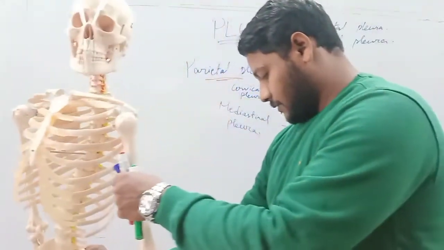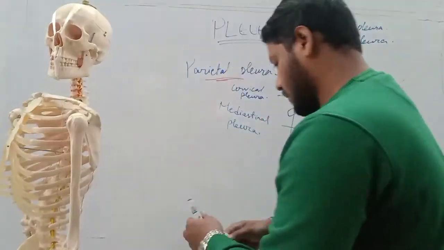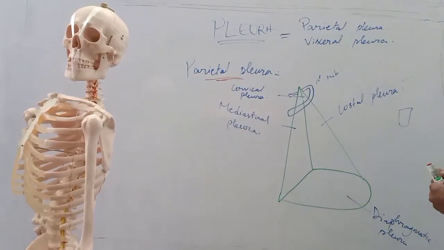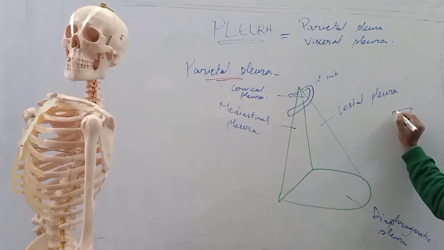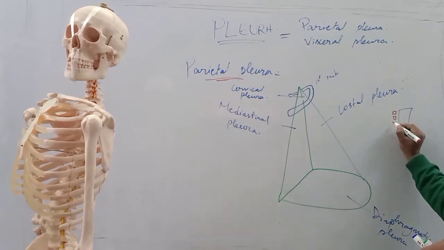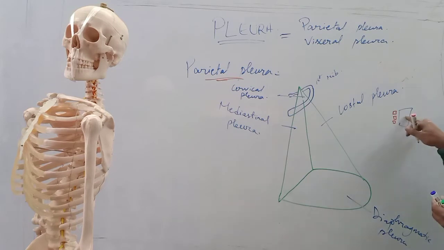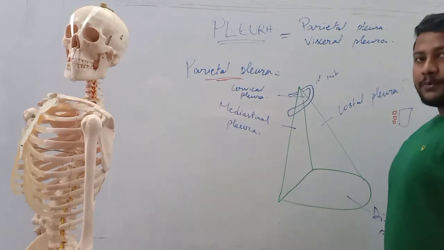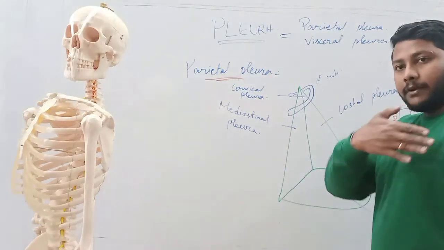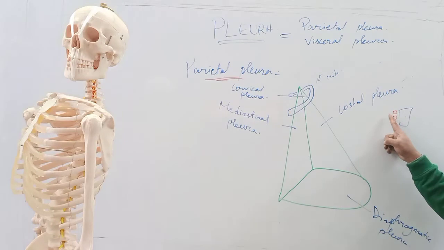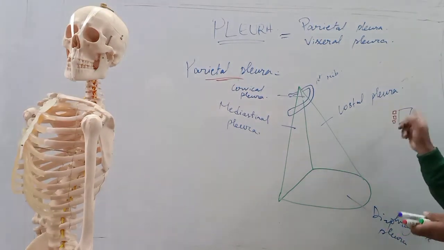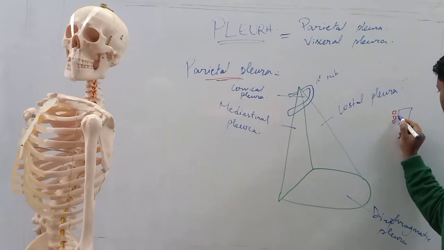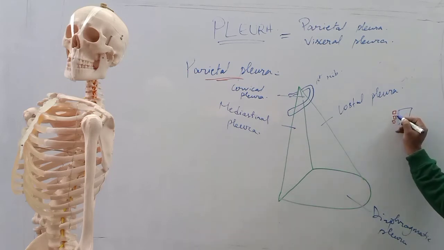If this is the lungs and these are the ribs, the costal pleura is present over here, around the inner part of the ribs.